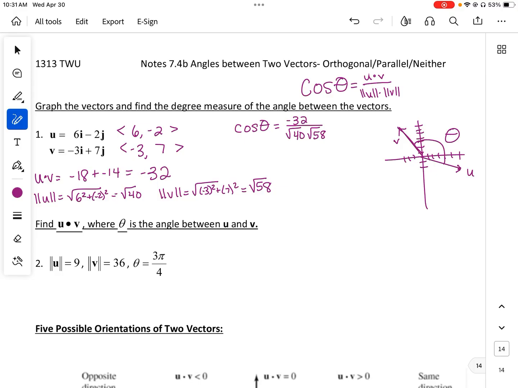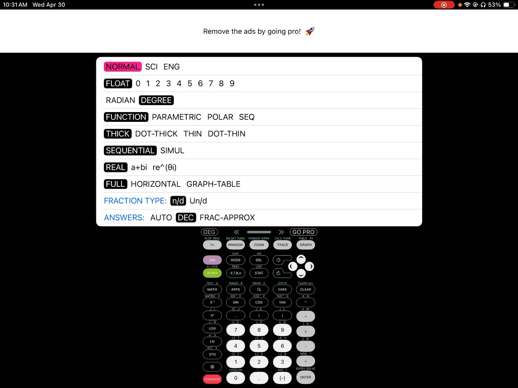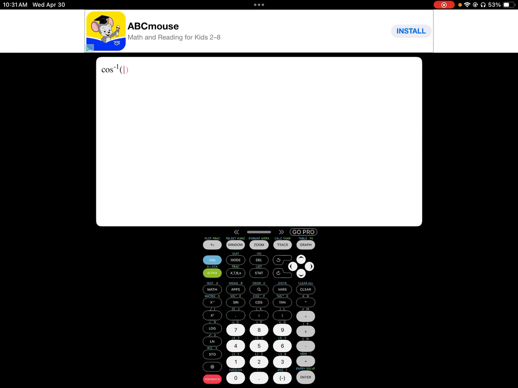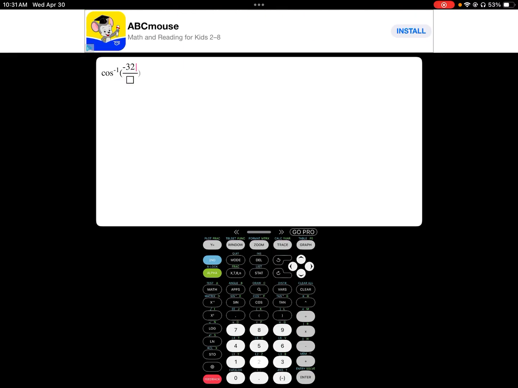Okay. So we need to find the angle, and we want the angle in degree measure. So make sure we're in degree mode. We're going to do inverse cosine of this guy right here. You're going to pull it down. So let's go ahead and go to the calculator. Make sure I'm in the correct mode, and I am. So second cosine, do the fraction.